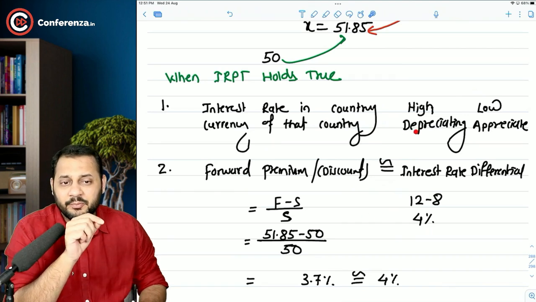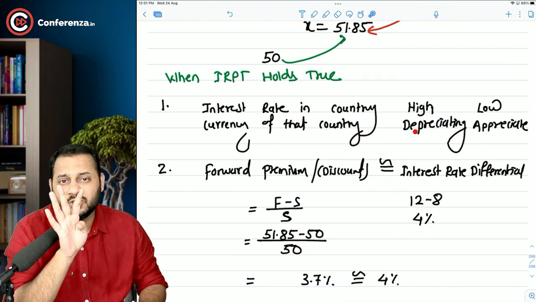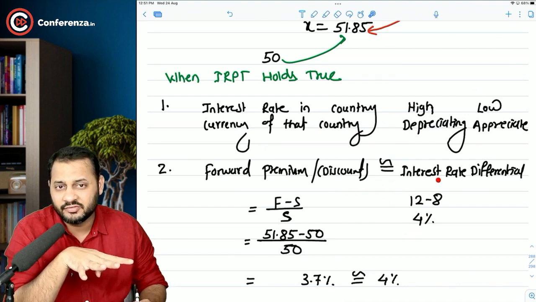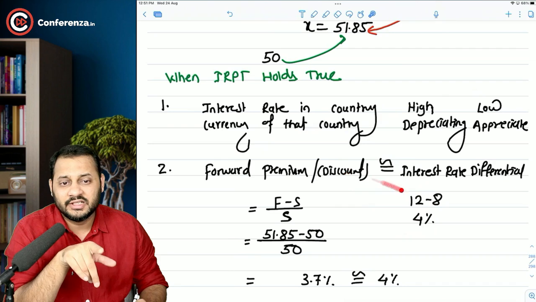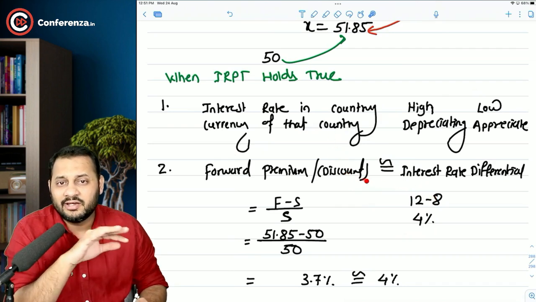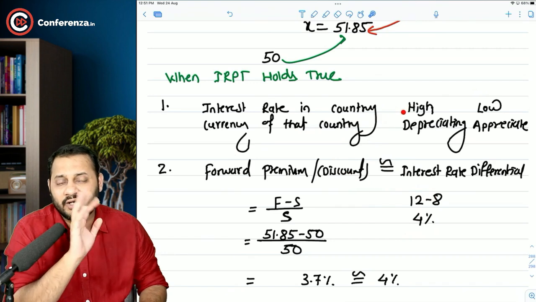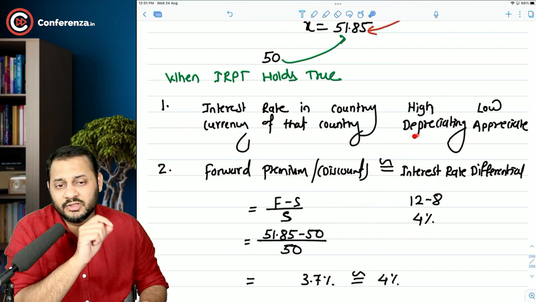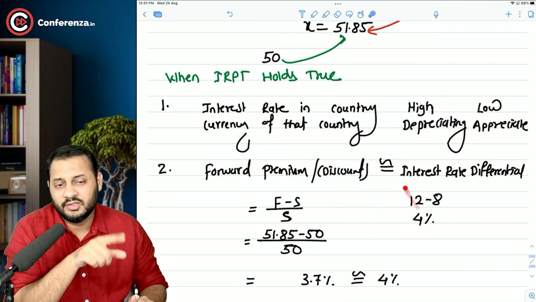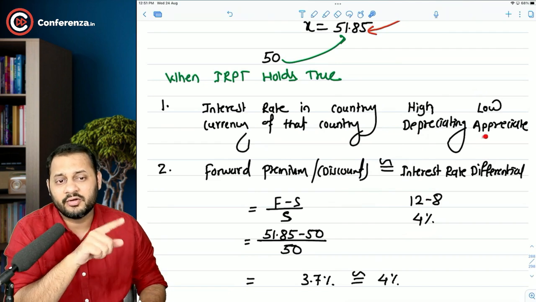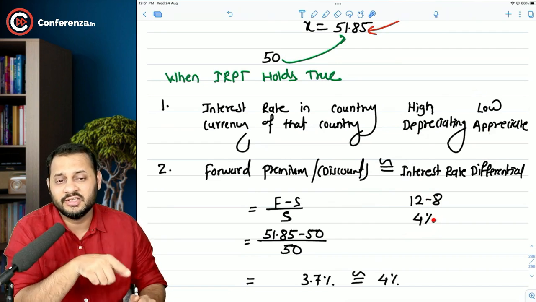Now let's say the depreciation in Indian currency goes to 4%. Now it is matching with the interest rate differential. Since it is equal to the interest rate differential, you cannot do the arbitrage transactions now. Arbitrage transactions were possible only till this point, till the depreciation in that currency is equal to this, or the appreciation in the dollar is equal to this.